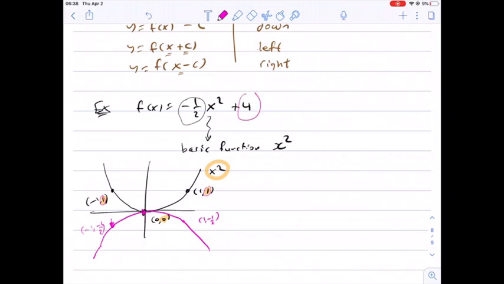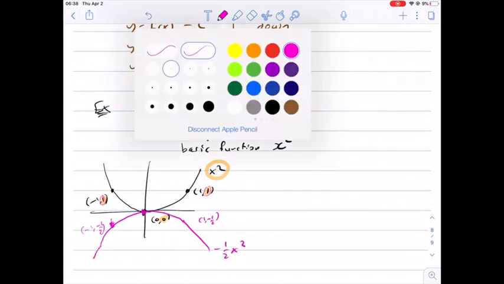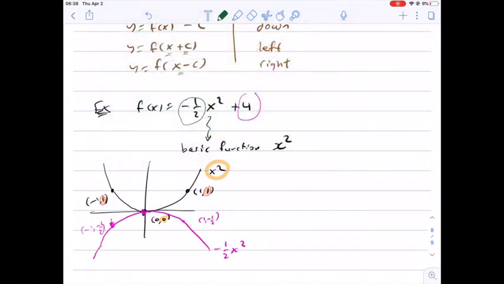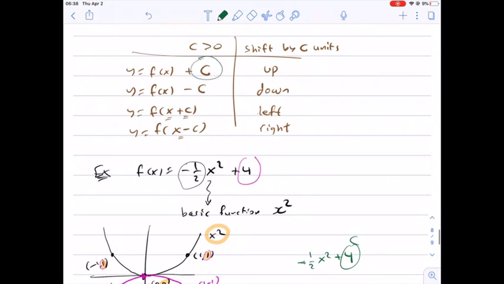And then we add 4. So this is negative 1/2 x squared. Now we want to add 4. So if we want to add 4 to this function, to negative 1/2 x squared, that means we add some constant c to the function.